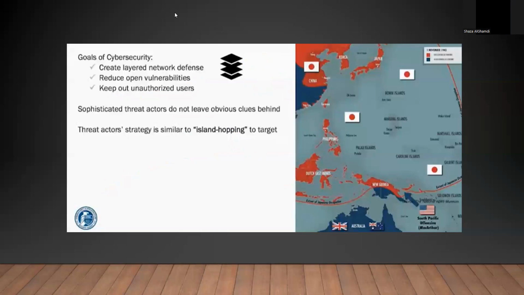So it's good to bring it here so you can understand this concept of island hopping. The most important thing for us is to detect them as soon as they breach our network, so we can minimize the response time and break the kill chain before it reaches the attacker's objective.